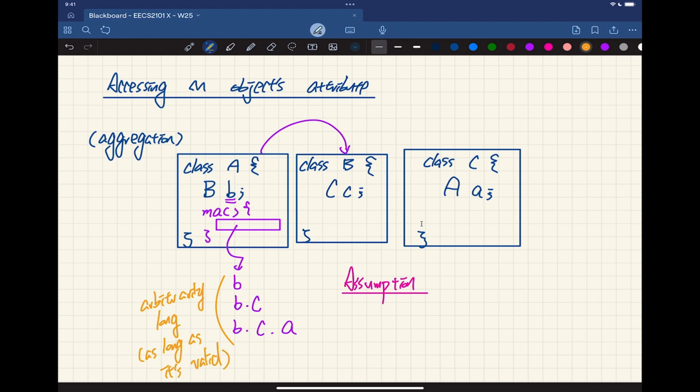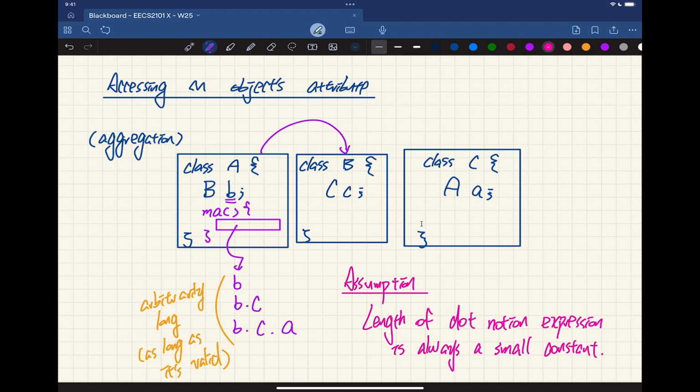However, we're going to make the following assumption, which is that the length of the dot notation expression is always a small constant. As I said, it should not be more than 5, for example. Small constant.